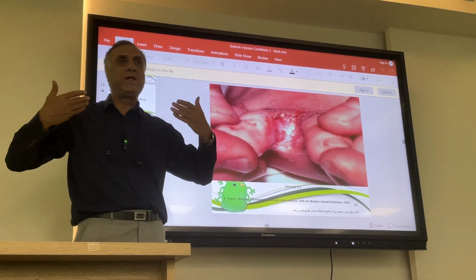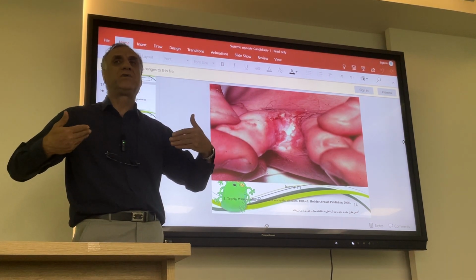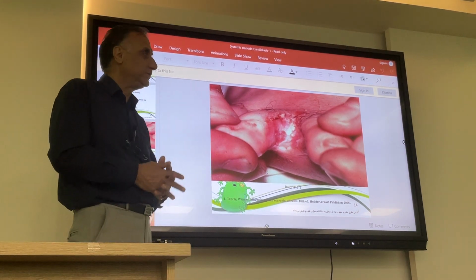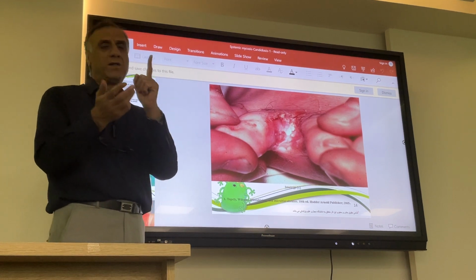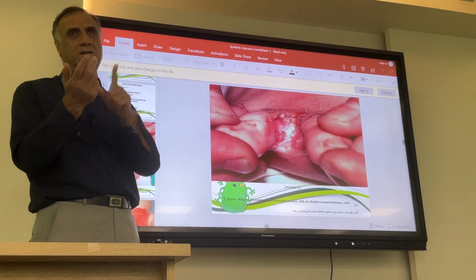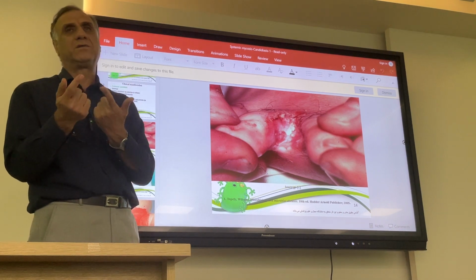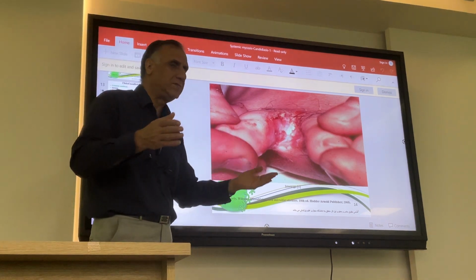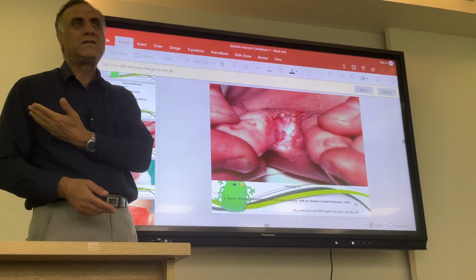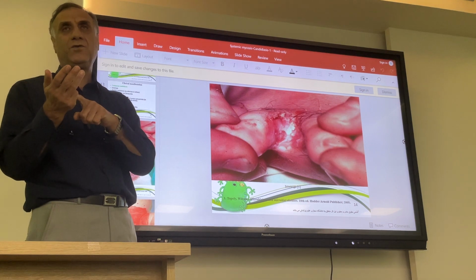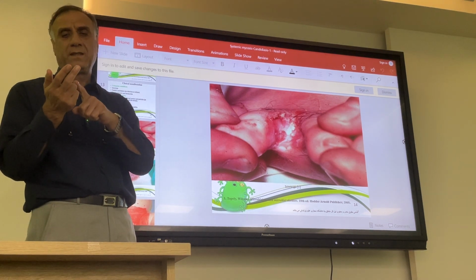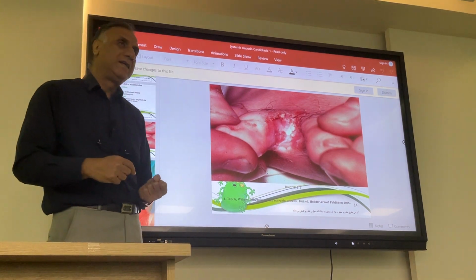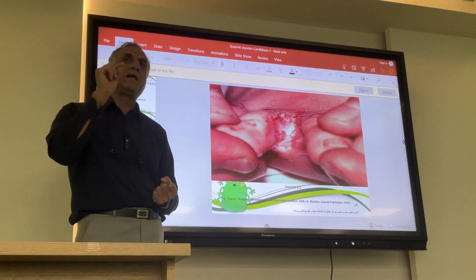And in the upper part of the trunk, Tinea versicolor. In the axilla, you must search for Tinea versicolor, candidiasis, and dermatophytosis. If you have a patient with a lesion in the axilla, you must check for Tinea versicolor, candidiasis, dermatophytosis, and a bacterial infection named erythrasma.